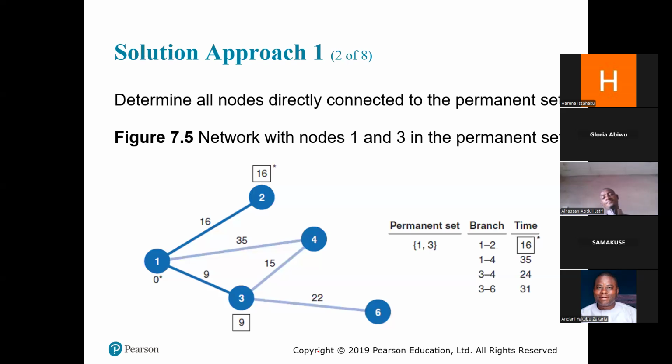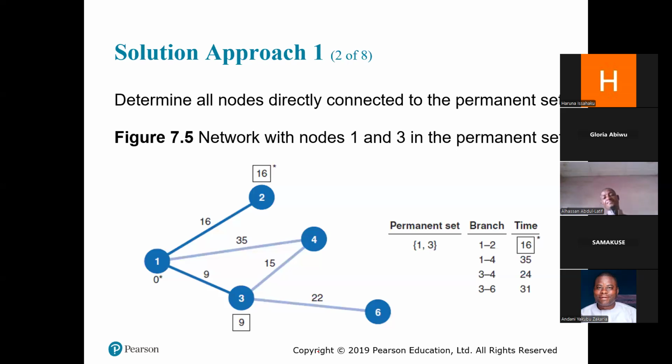What we now need to do is that we now determine the shortest route among all the nodes that are connected to the permanent set. Remember that the permanent set contains 2 nodes now, 1 and 3.